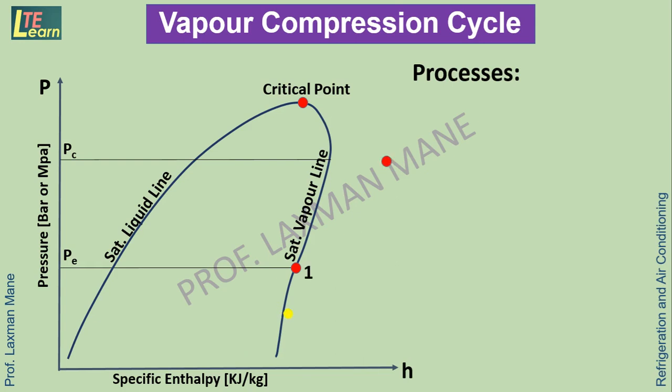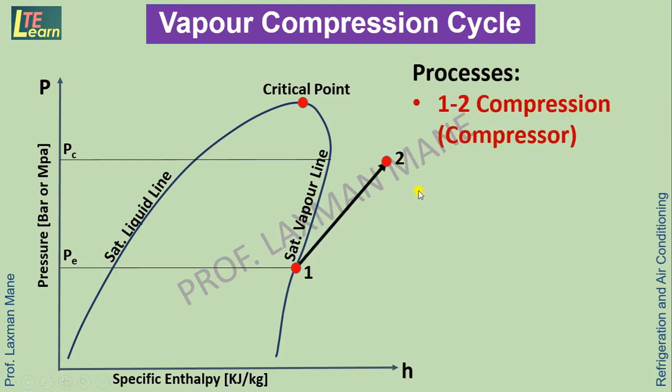Now from 1 to 2, this process takes place in the compressor. This compression process is isentropic, meaning entropy is constant. Then point 2 goes into the superheated zone. From 2, condensation takes place. This condensation has 2 parts.